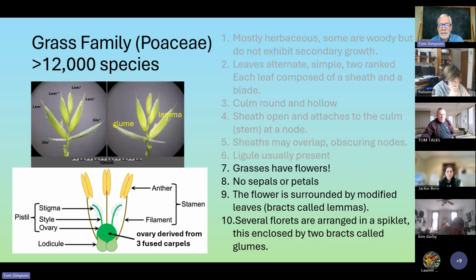Here is the flower of grasses. This is the reason why you didn't think grasses had flowers, because they're very, very tiny. But they're probably easiest to see if you let the grass in your yard go to seed, you'll see the little fluffy part come up. Kentucky bluegrass has a little open panicle.